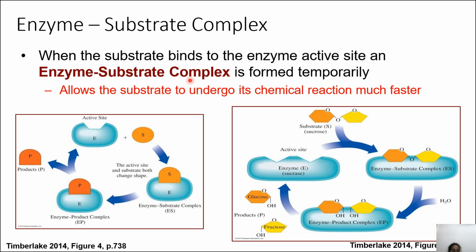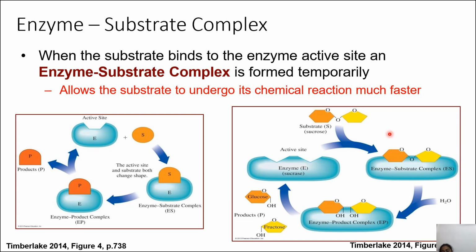Right? If you see the images, this is an enzyme with an active site, then the substrate. The active site and substrate both change shape a little bit, and you form the enzyme-substrate complex, right? And then the enzyme-product complex and products. Here, this is the substrate and this is the active site. It changes.